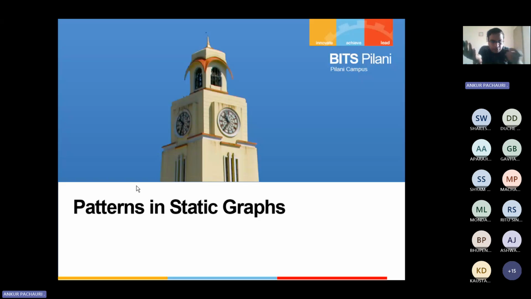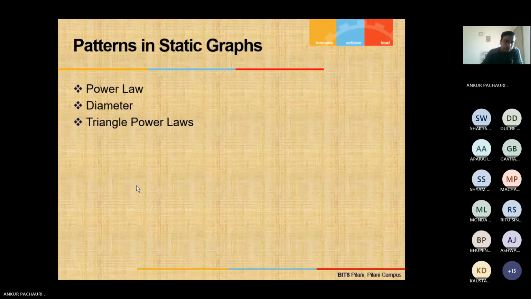So this pattern we have discussed. Just by looking at the diameter, by extracting those numbers, we can have some intuition about the structural properties, or structural information, of the graph.